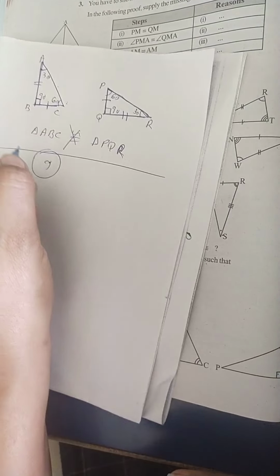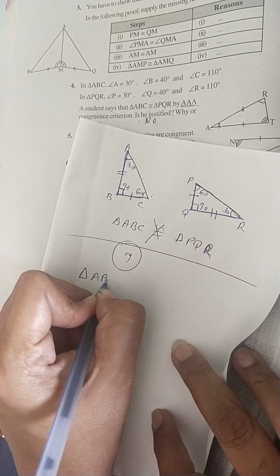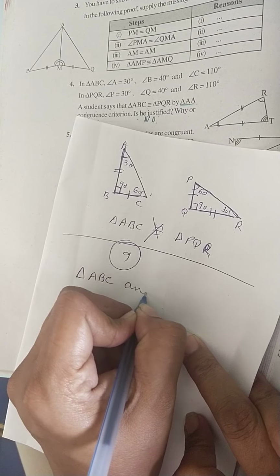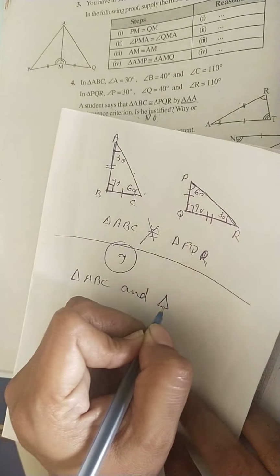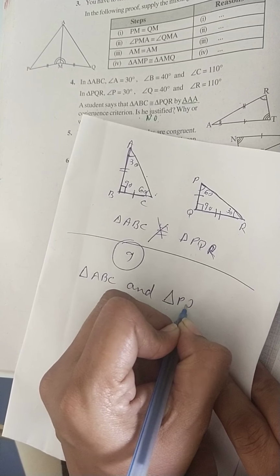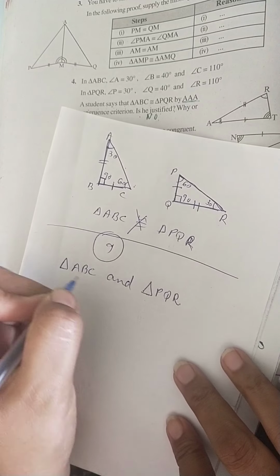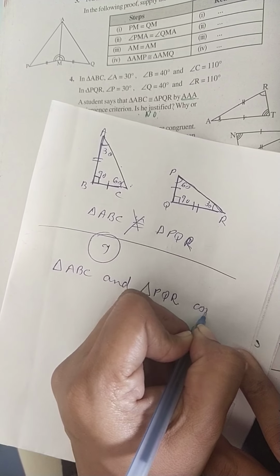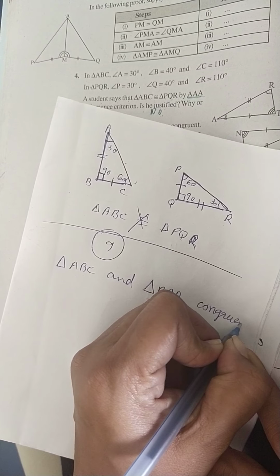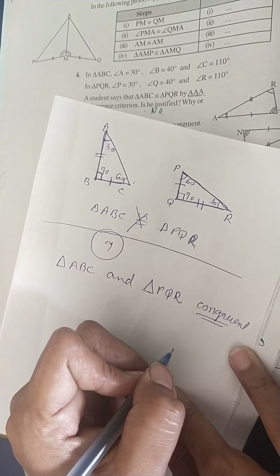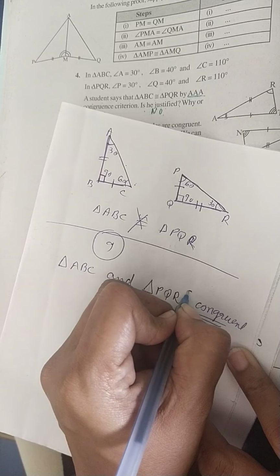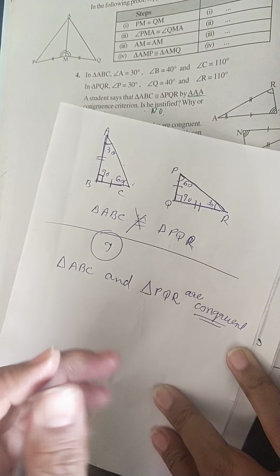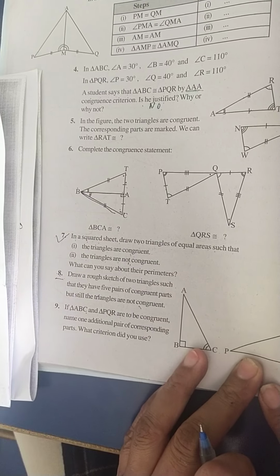This is the 9th one. In triangle ABC and triangle PQR, what is given? It's already given that they are congruent.